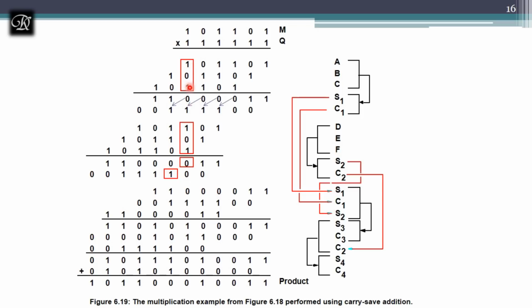And again 1 and 1, sum 0, carry 1. And 1 it is, so sum 1 and carry 0. And 1 is the sum and carry will be 0 to the next stage. This is how we have to write. This is for ABC, where I found the sum S1 and the carry C1.